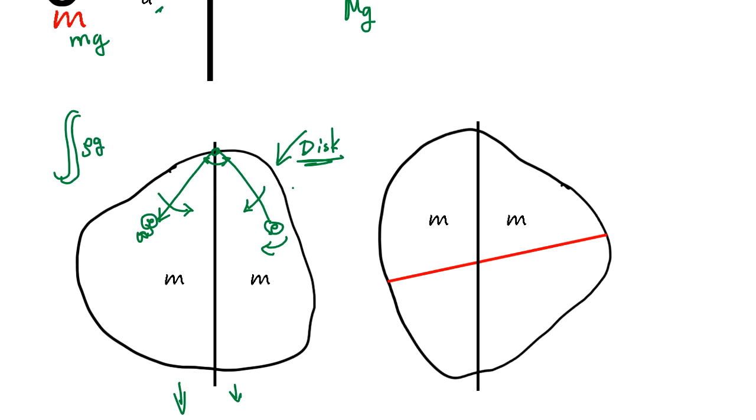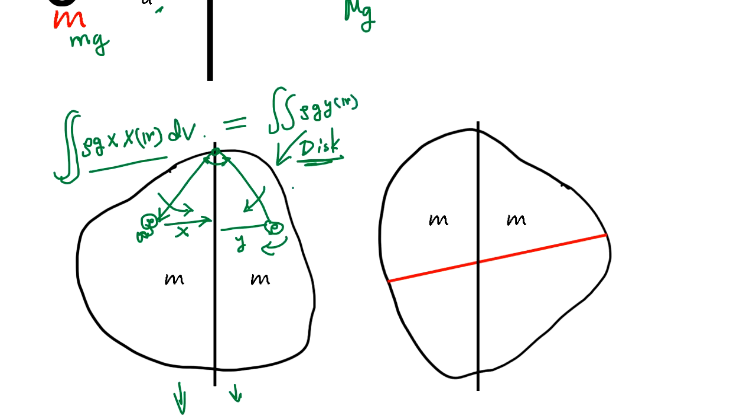Times the vertical distance X, at location dV. So this one equals the right side, rho G, times this distance Y, dV.